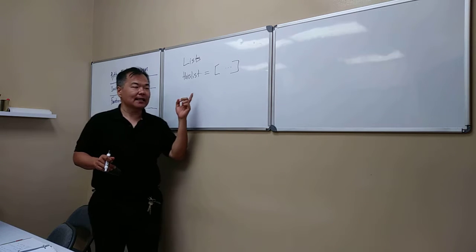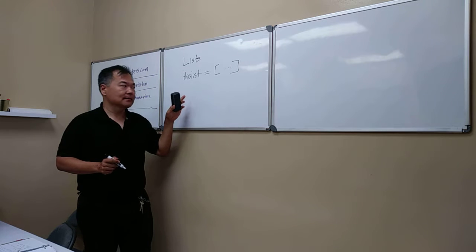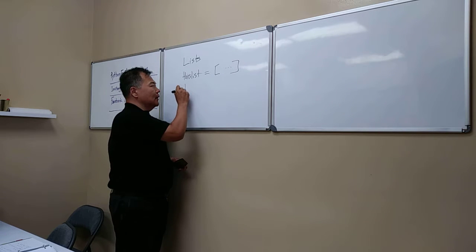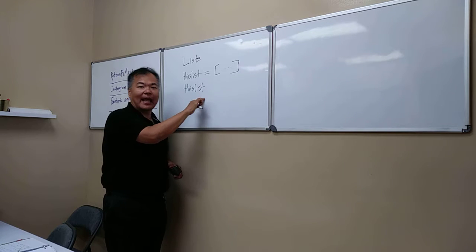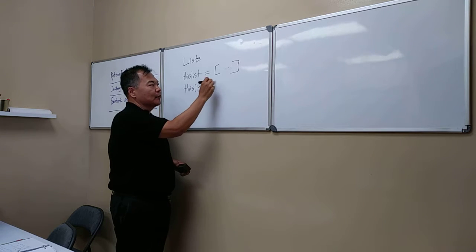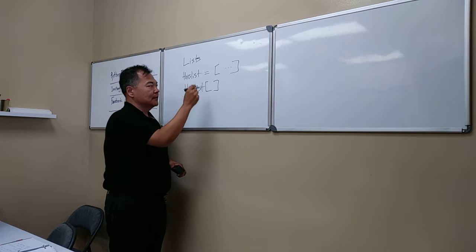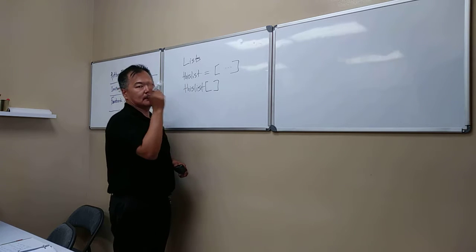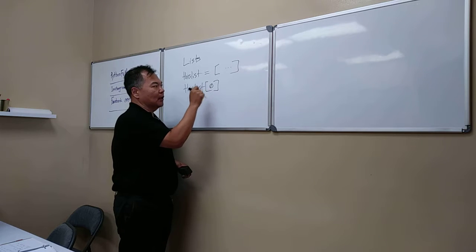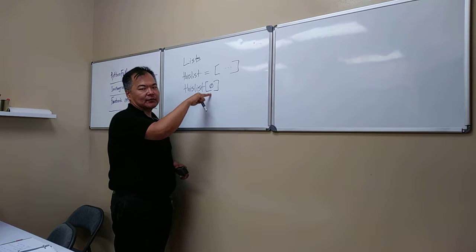How do we access what's in the list? Again, we use the name of the list, and then square brackets. If we want to access the first thing in the list, we use the number 0, because that's the index for the first item.